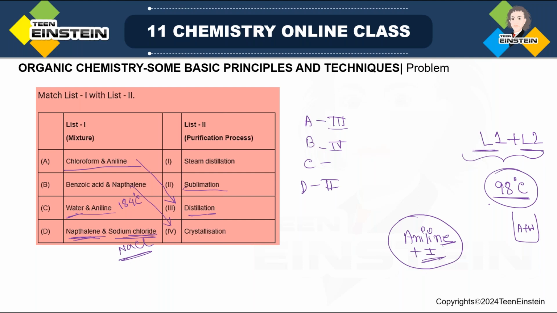Though aniline has a very high boiling point, it is steam volatile, because the condition for steam distillation is that the compound you are trying to purify must be steam volatile. That is the criteria. So aniline already fulfills that criteria, so that is why you can use steam distillation for purification of aniline. So C is 1.